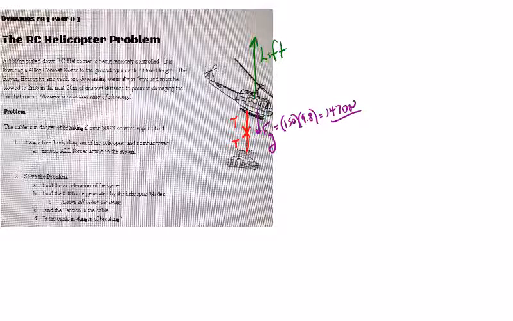So the tension in that string pulls down on the helicopter, but it lifts up on the tank, and then you have a downward weight of the tank. Force of gravity on the tank would be 40 times 9.8, or 392 newtons. So that's the first part.